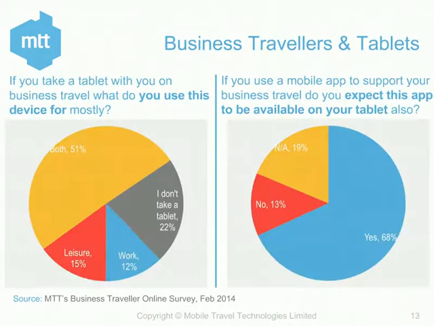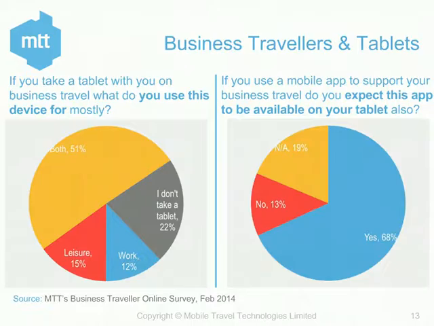Again, from that same research, in terms of what people are doing with it, there's a mix between work and leisure, but people are crossing boundaries and using their tablet for both leisure and work-related activities. A very small amount of business travelers don't take some form of tablet.